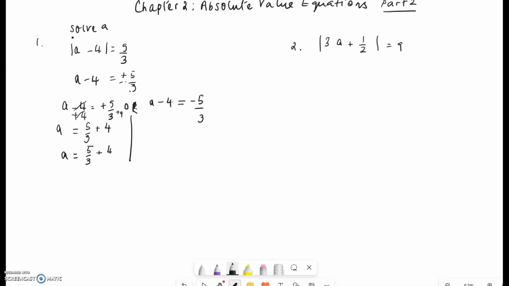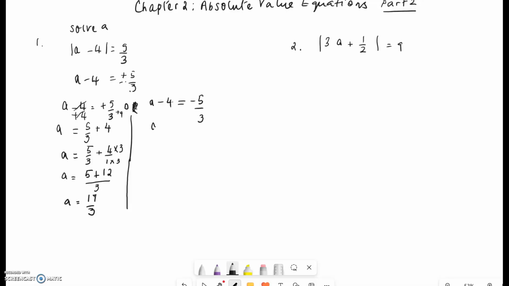So we take the 4, write it as 4 over 1, multiply the denominator with 3, and do the exact same thing with the numerator. So a is equal to 5 plus 4 3s are 12 over the common denominator of 3. So a is equal to 17 over 3. So that's one of our solutions, or one of the values of a.